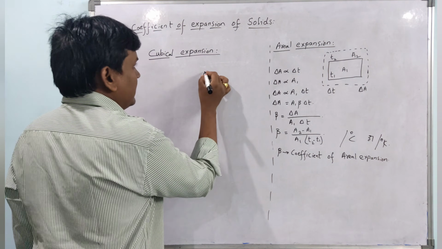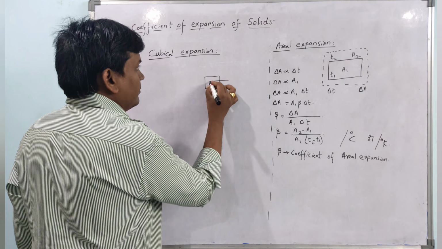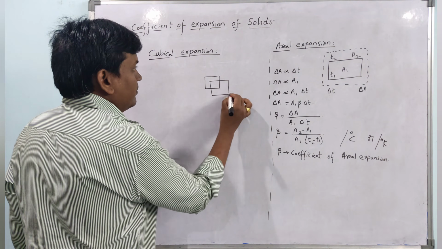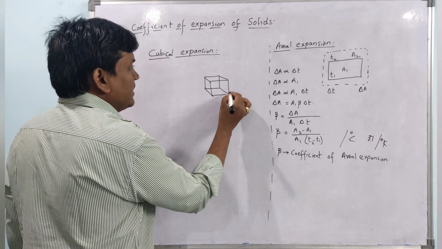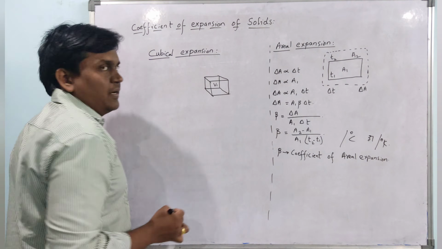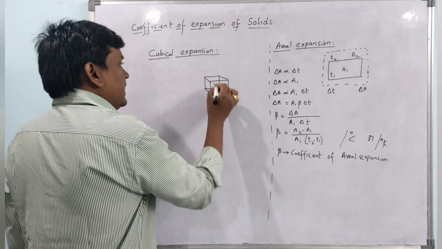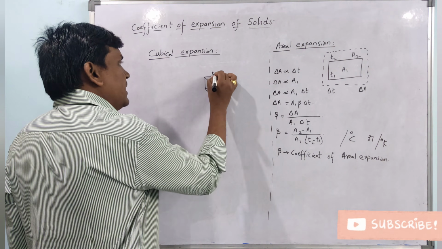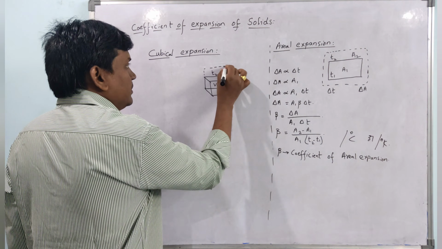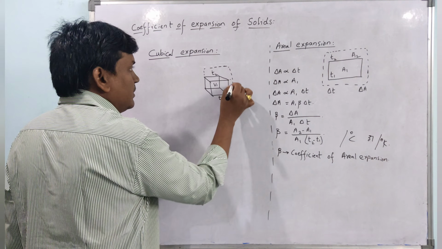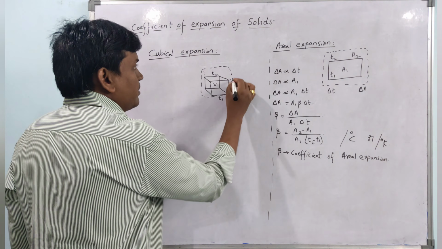So here let us consider a cube. The cube has an initial volume of V1 at the temperature T1, and the temperature has been raised to T2, and the cube has changed its volume to some V2.